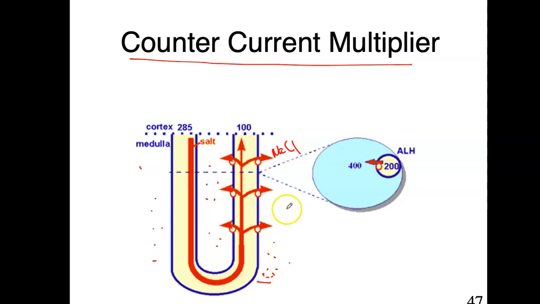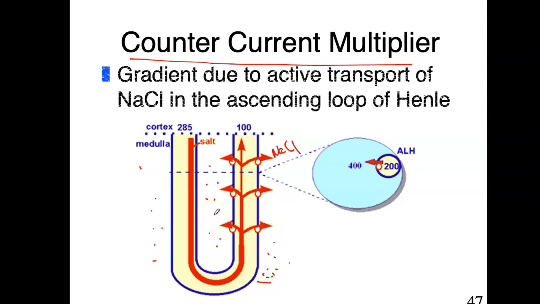So here we have in the ascending loop a mechanism that has these channels that are allowed to pump salt out and make this very salty. That gradient, due to that active transport of sodium, is going to affect the descending loop.